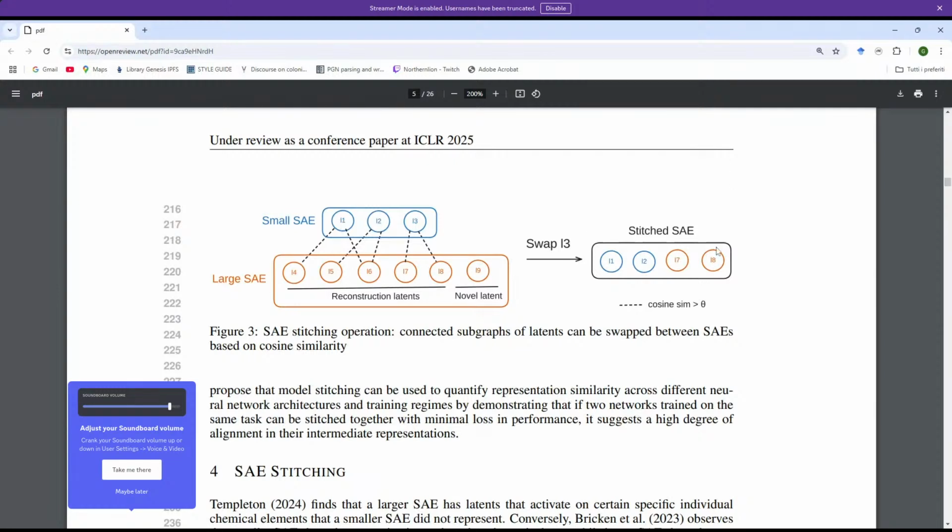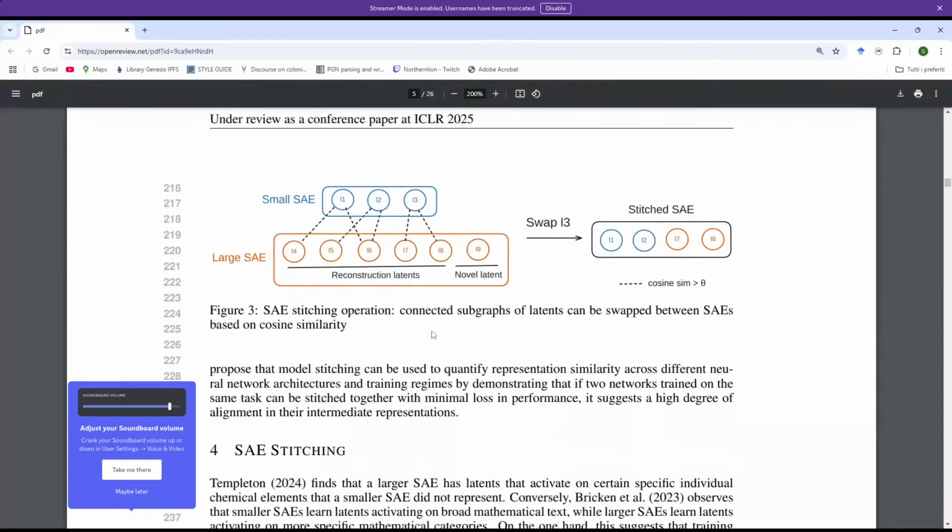And now you have, say, a stitch SAE, which is a bit bigger than the small SAE, but smaller than the large SAE. And hopefully, and as they show, this one has a better reconstruction loss than the small SAE.